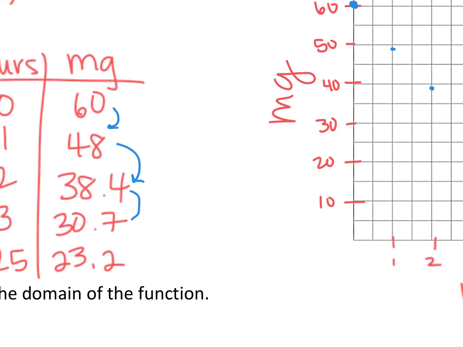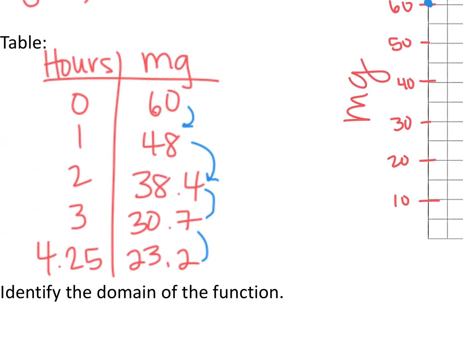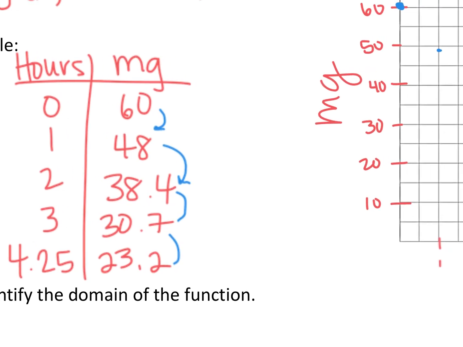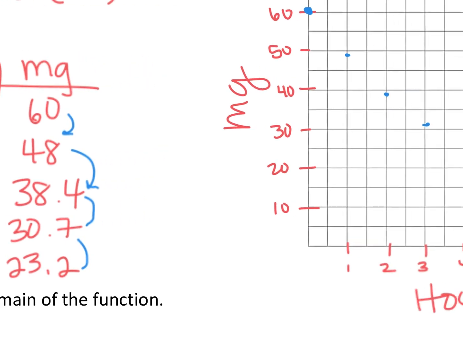Here it's dropping 7.6, my bad. And then here it's dropping, but that's not a full hour of drop. That's an hour 0.25 of drop, so it's an uneven drop.